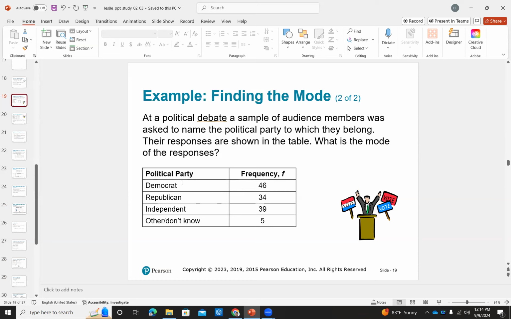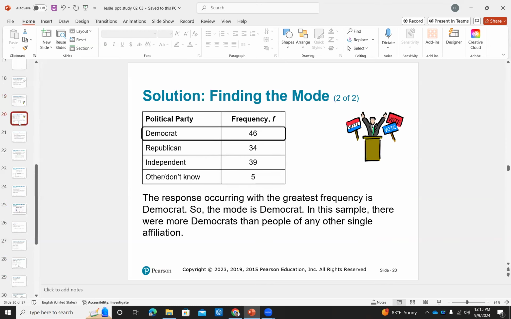We have 46 Democrat, 34 Republican, 39 Independent, and 5, they said, I don't know. So when we look at this, which one shows up the most? We're going to say that we have more people declaring Democrats as a political party. So therefore, the mode will be the Democrat Party.